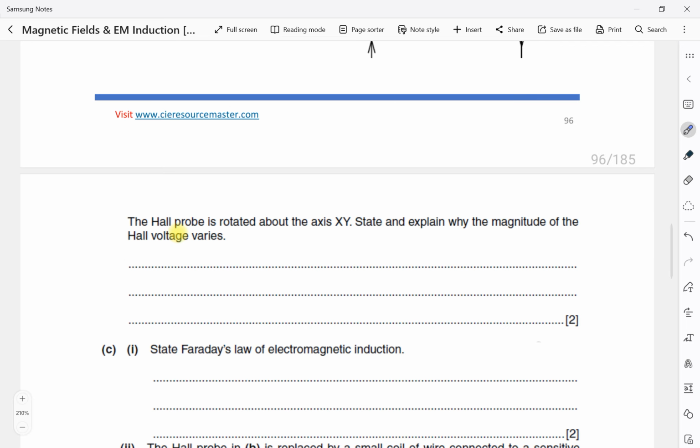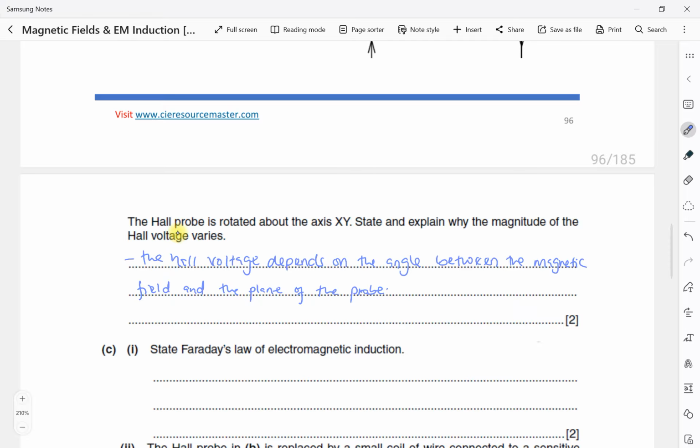So we say that the Hall voltage depends on the angle between the magnetic field and the plane of the Hall probe, the plane of the probe or the plane of the Hall probe.